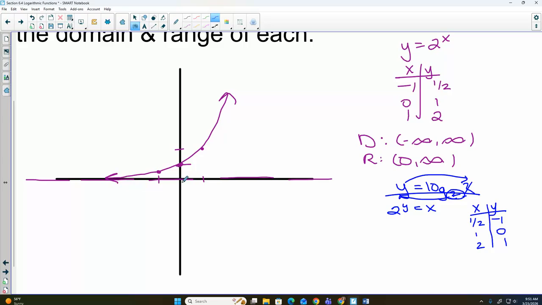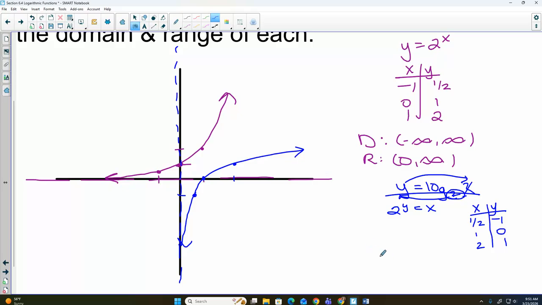So if I plot these, 1/2, negative 1, 1, 0, 2, 1. So when I graph this, my y can be anything, but we know if I take a 2 to a power, I'm never going to get a negative. So this one ends up with a vertical asymptote. The y-axis is our asymptote.